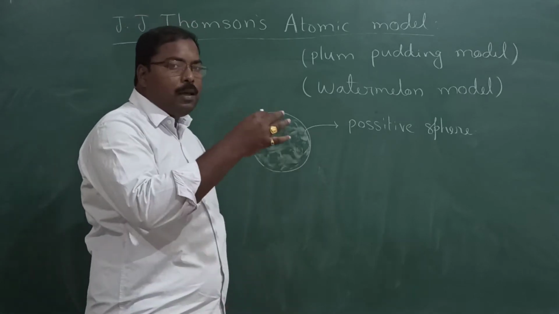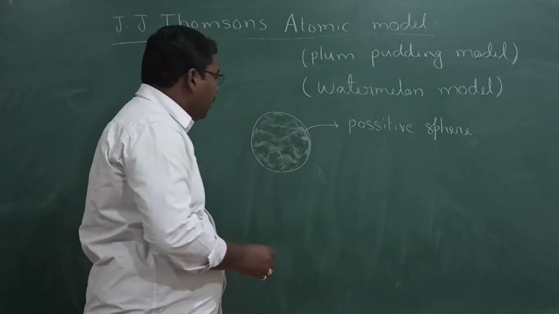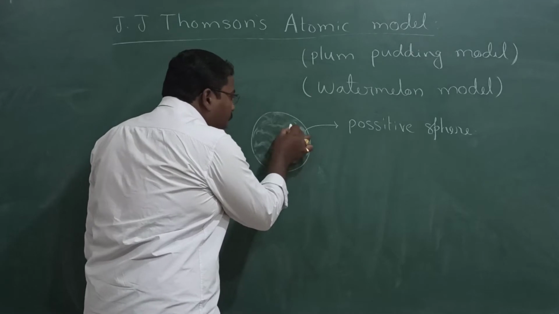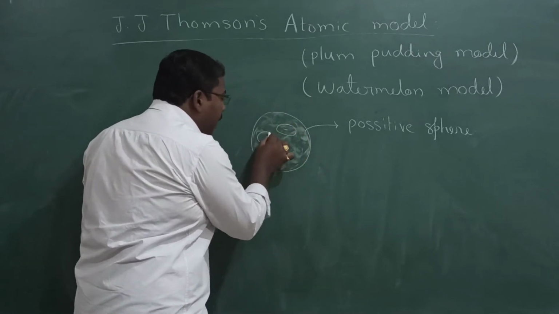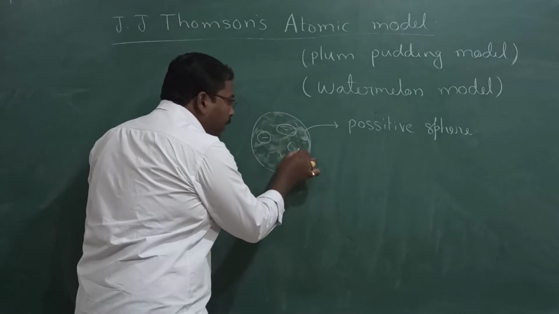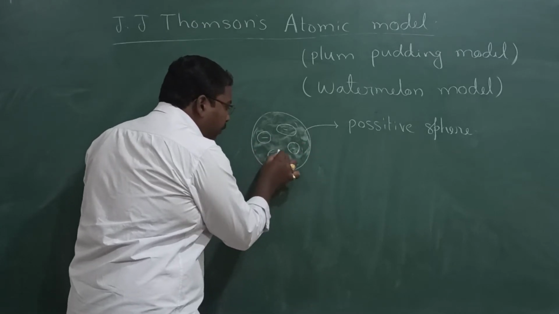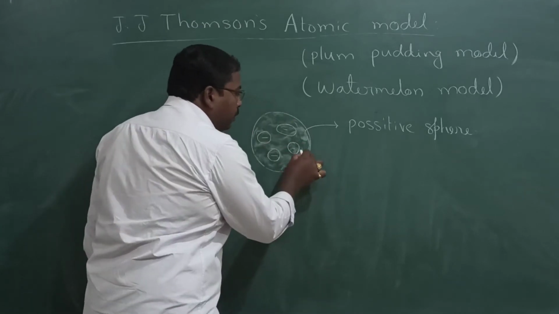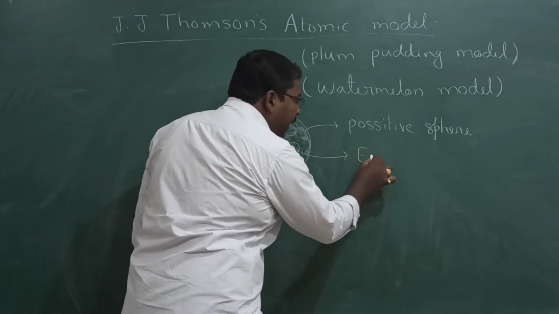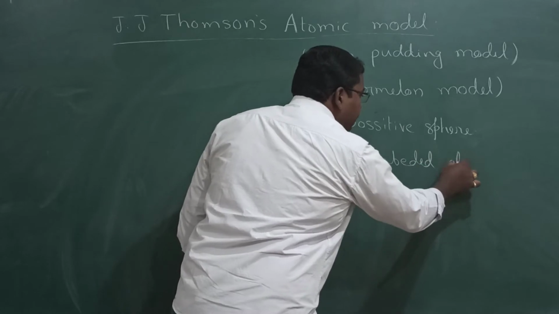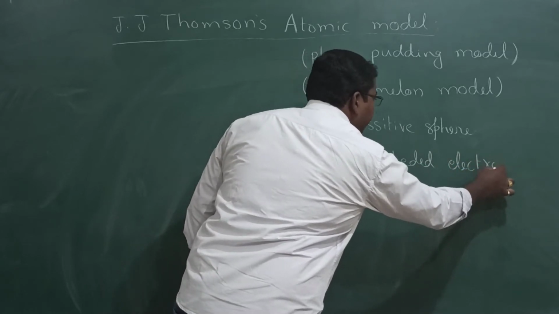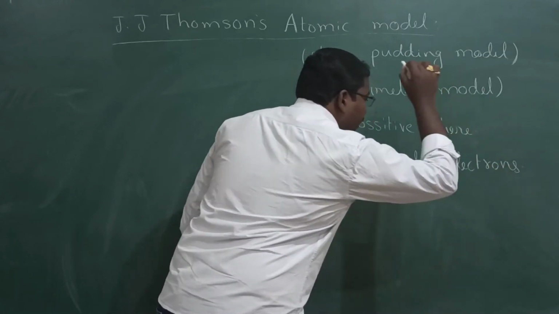Now coming to the position of electrons in this positive charge, the electrons are embedded. So these are the embedded electrons. Embedded means distributed.